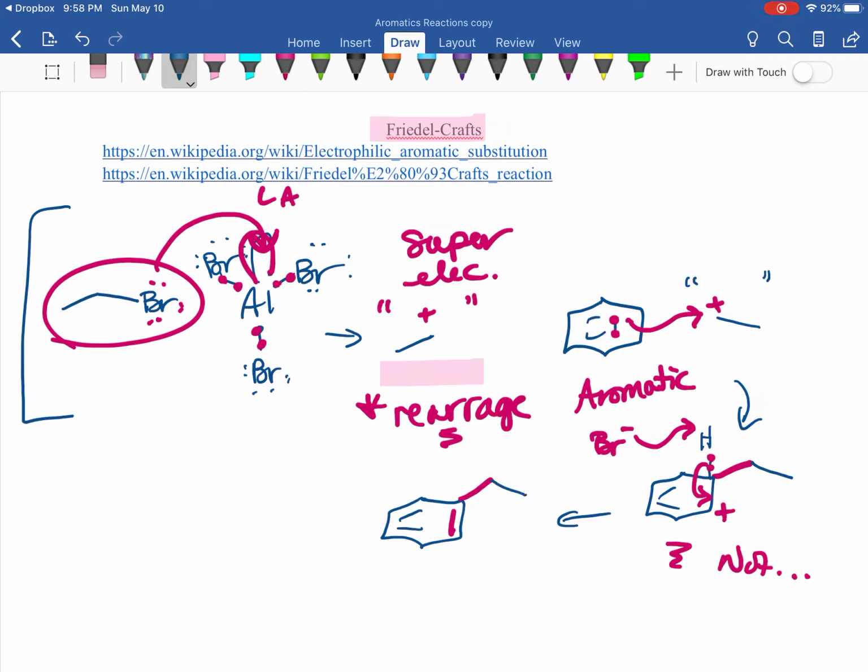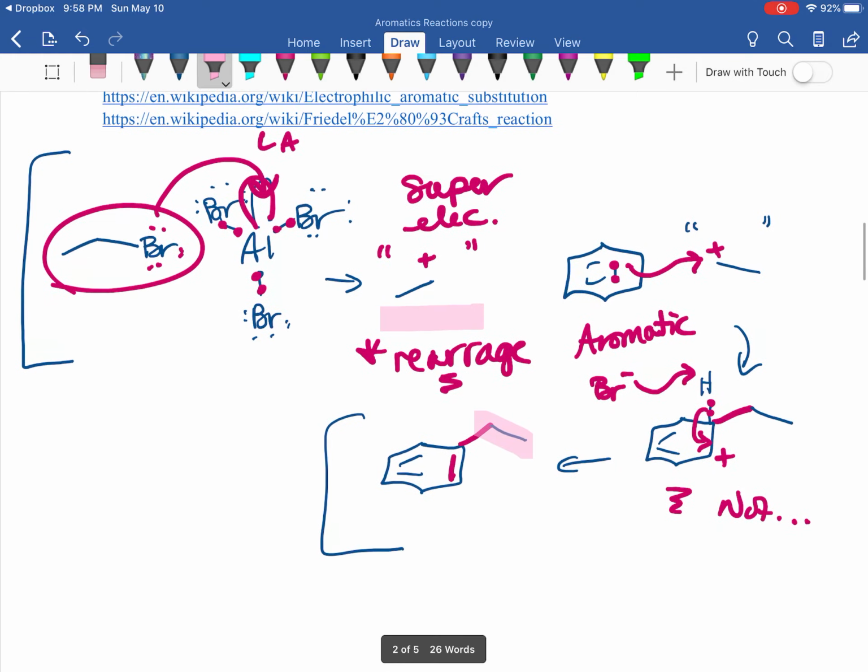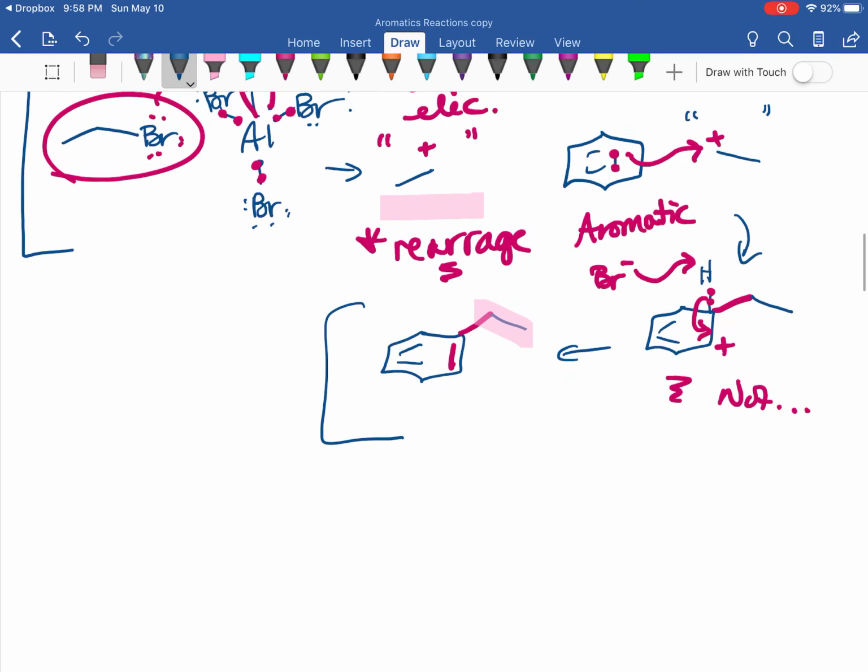So now what we just did was substitute our benzene and reform that aromatic ring. What you just did was literally substitute whatever was on your alkyl halide onto your benzene. And that's really powerful. You can add all kinds of stuff using the Friedel-Crafts reaction.